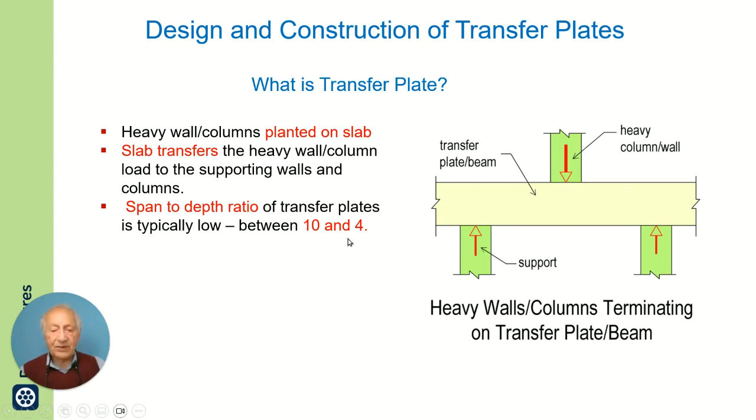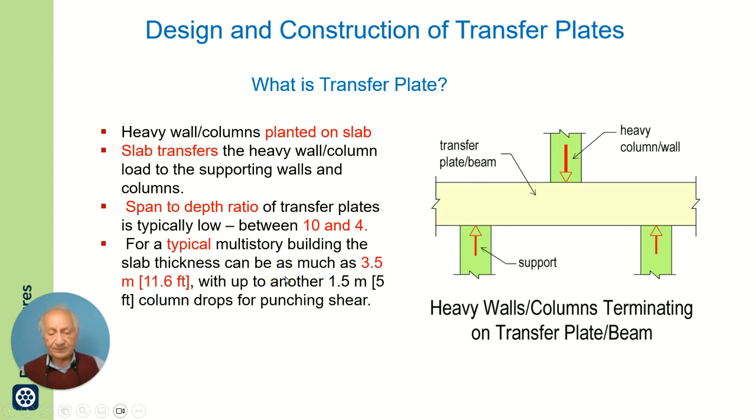Now, how does this compare with an office building and a residential? In an office building or residential, the span to depth ratio could be 50 to 45. This is 10 to 4. So transfer plates are much thicker than traditional floors.